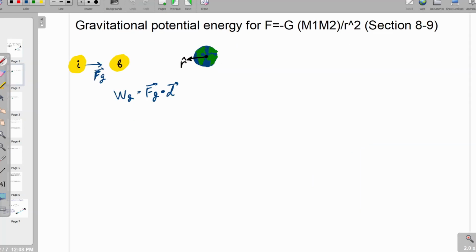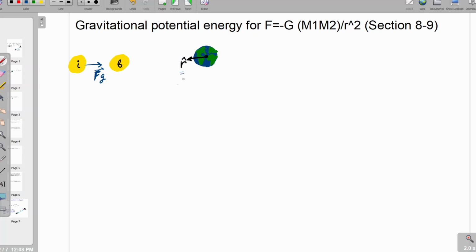So let's just set this problem up a bit. So here I have the Earth, and I have a radial vector extending out from the Earth, which I've called r hat.